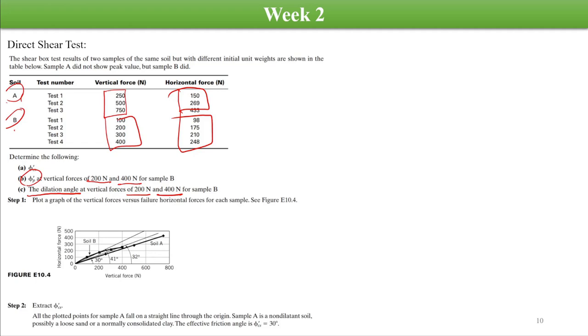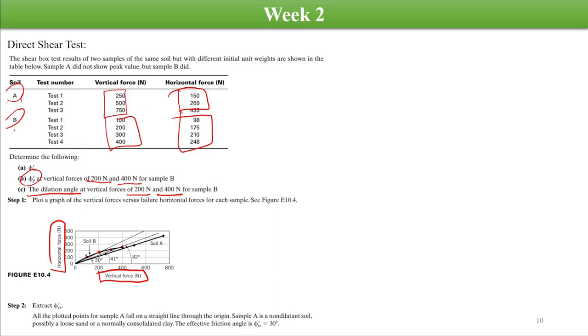Okay. So step one will be to plot these results on a graph, with the horizontal force on the y-axis and the vertical force on the x-axis. Then we'll see that the peak values will be coming here, right?